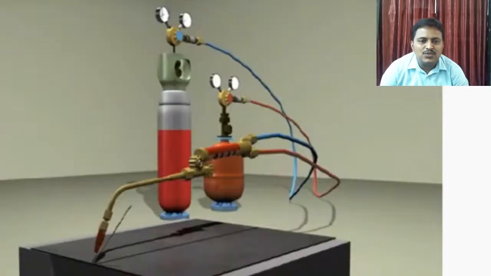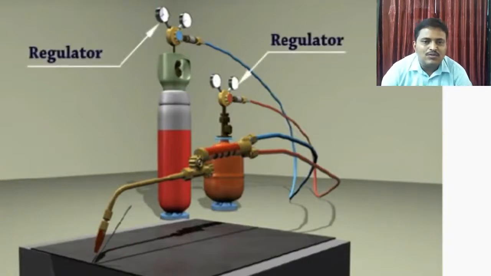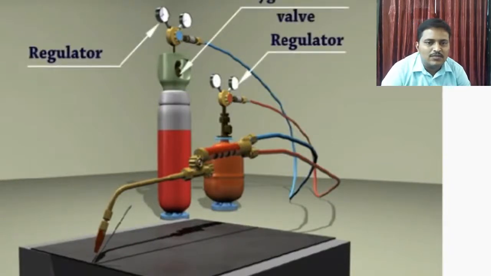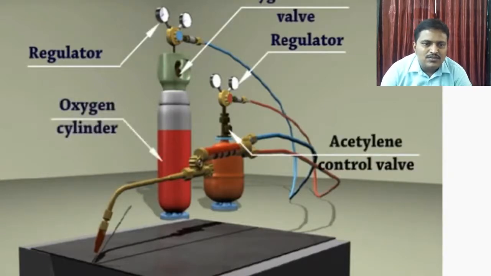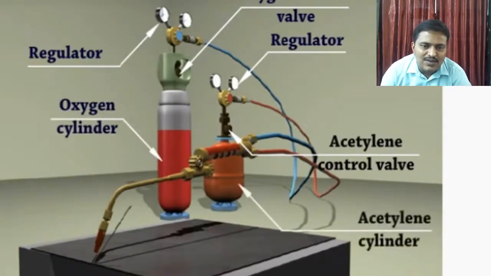The equipment used in the oxyacetylene welding process basically includes the regulators. There are two types of regulators: one is the oxygen regulator, and one is the acetylene regulator. So there is an oxygen cylinder as well as an acetylene cylinder.